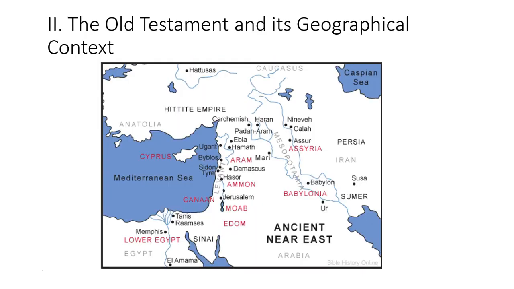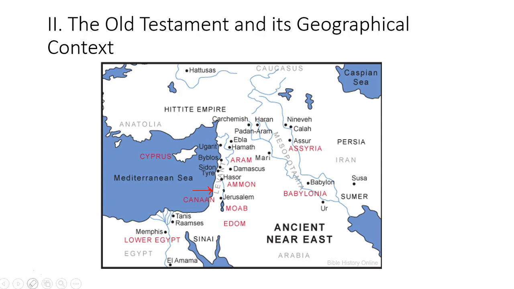So that's a good transition into our next topic, which is the geographical context of Israel and the Old Testament within the larger Mediterranean world. As we've noted several times, Israel, Palestine is located along the Mediterranean Sea. Compared to a lot of the nations around it, Israel was a very small and not very powerful nation.